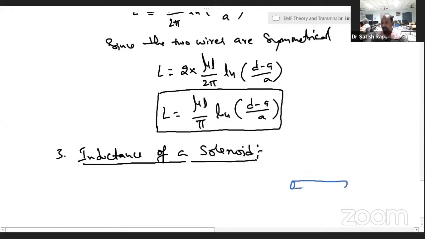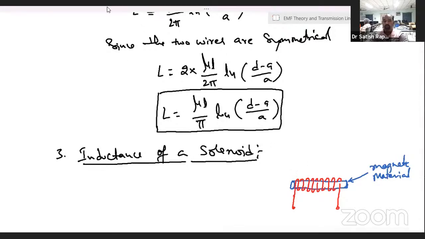A magnetic material wound by a conducting coil with a number of turns is called a solenoid.